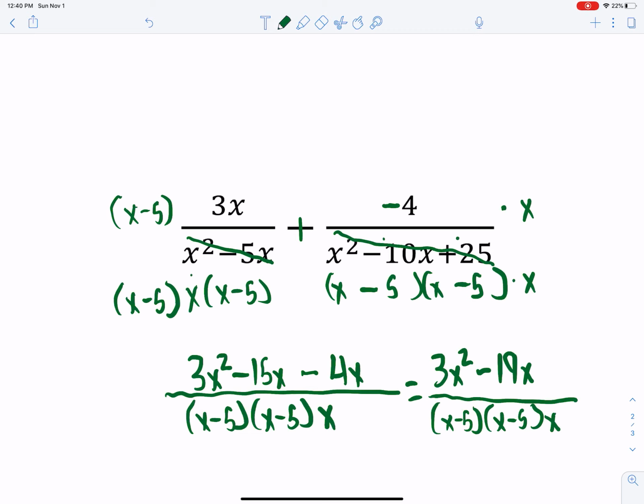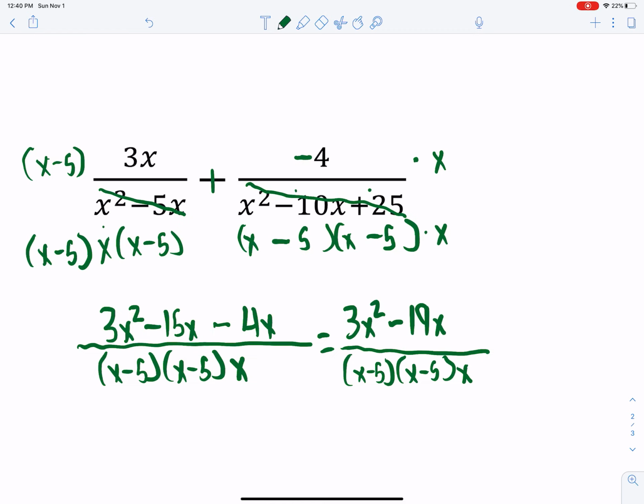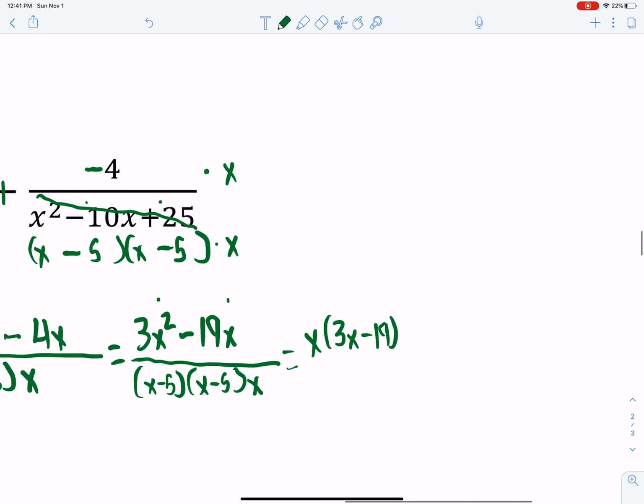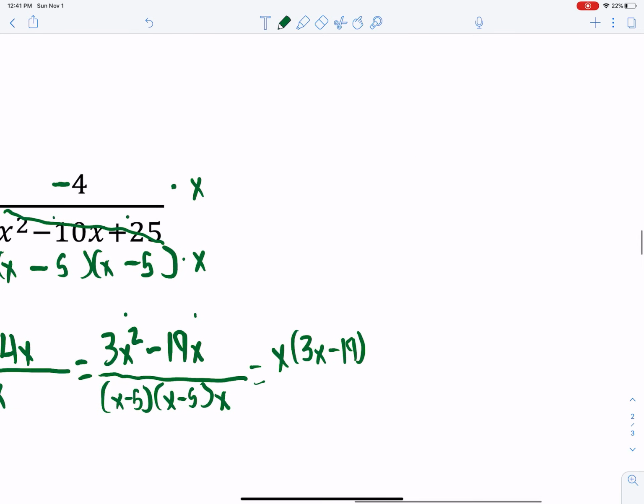On the top part, at first it might look like there's nothing you can do to factor, but remember, they do both have an x. So I can factor out an x on the top part. And we'd be left with x times 3x minus 19. And the bottom part, again, still just stays the same. It's x minus 5 times x minus 5 times x.